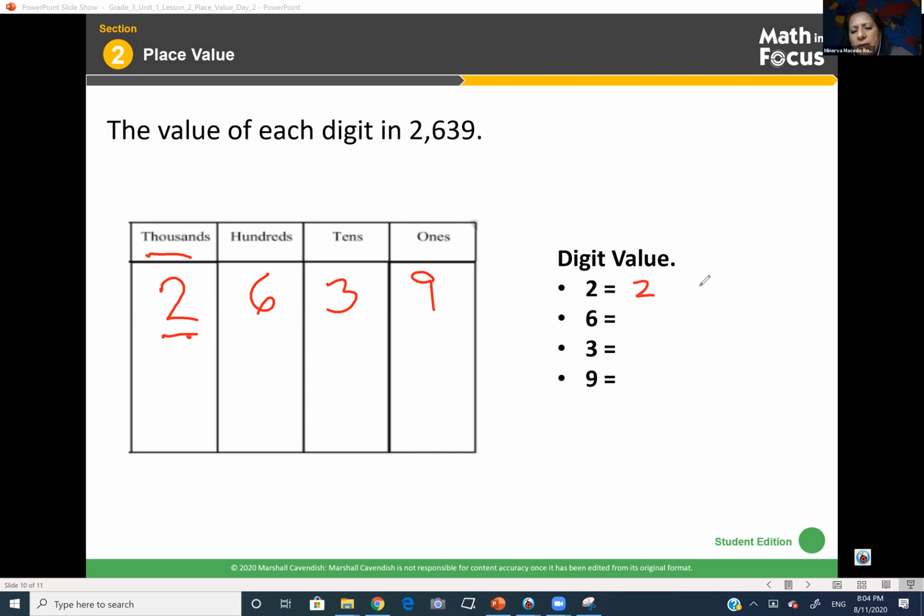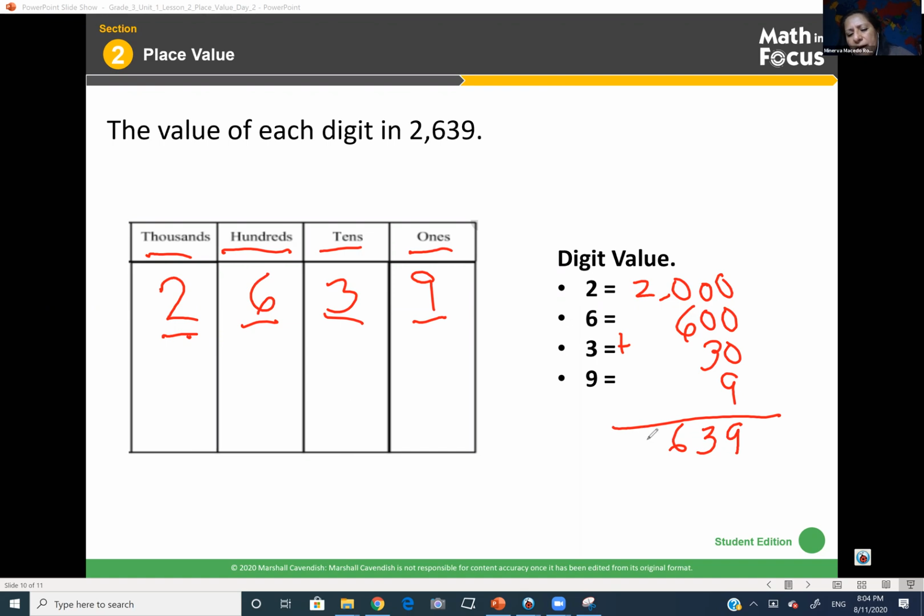So I'm going to put 2,000. For the 6 in the hundreds place it is going to be 600. For the 3 in the tens place it is going to be 30. And for the 9 in the ones place it is going to be 9. Remember, when we add the numbers, we're going to have the same number as the beginning. So this number is going to resemble the number on the top.